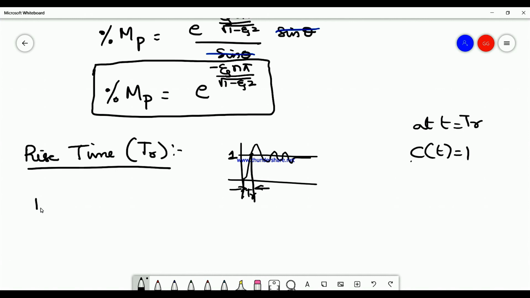Therefore 1 equals, so I'll write the equation of C of t first of all.